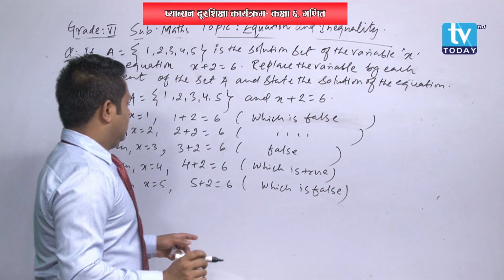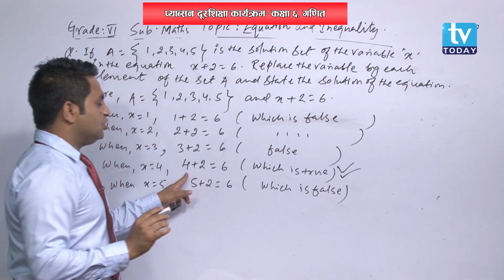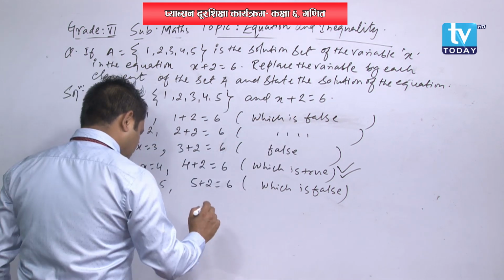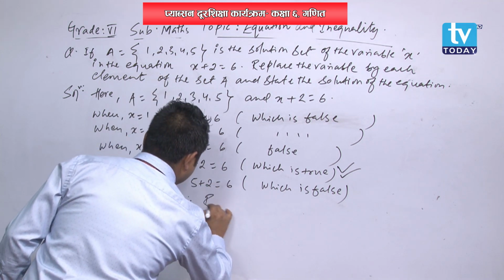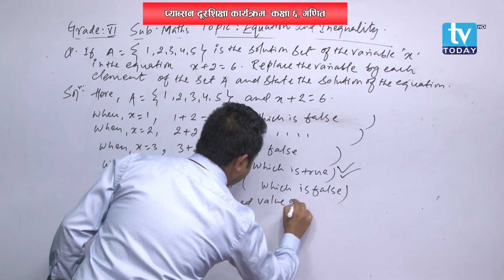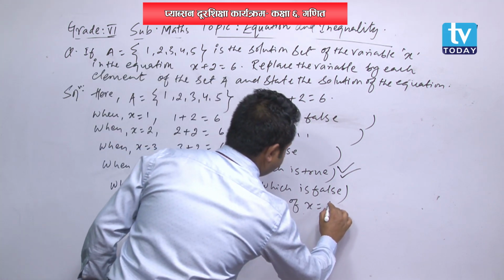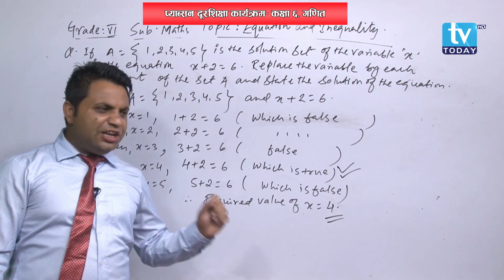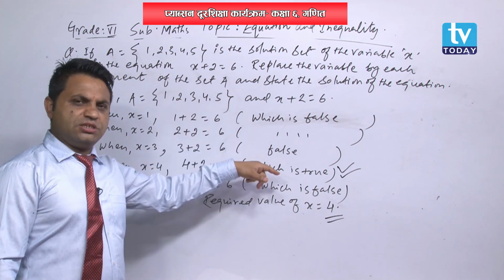So in this case we got one true value, that is, the value of x must be 4 to satisfy this equation. Therefore the required value of x equals 4. When you replace x by 4, only then this equation will be true, otherwise false.